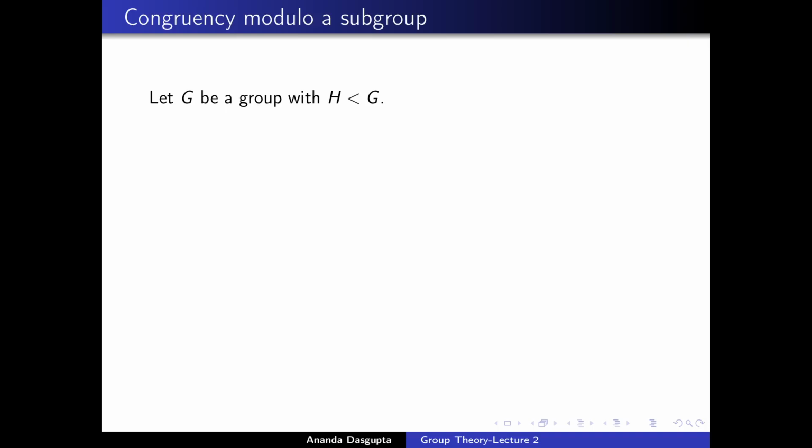So H is a subgroup of G. That's what the less than sign here implies. Now, given this scenario, two elements small a and small b of the group G are said to be congruent to each other modulo the subgroup H if the following holds.